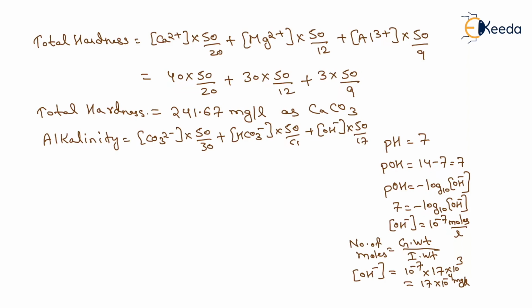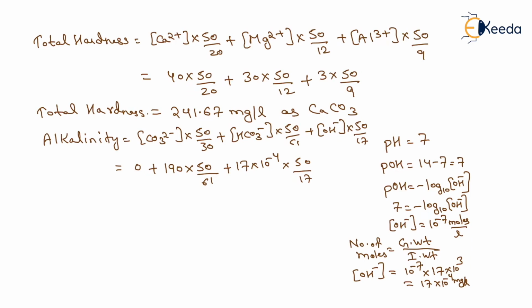In the question we have only the value of bicarbonate, which is 190 milligram per liter. For carbonate it will be 0. For bicarbonate it will be 190 milligram per liter into 50 divided by 61. Similarly for OH-, we determined the value in milligram per liter, which is 17 into 10 to the power minus 4, into 50 divided by 17.